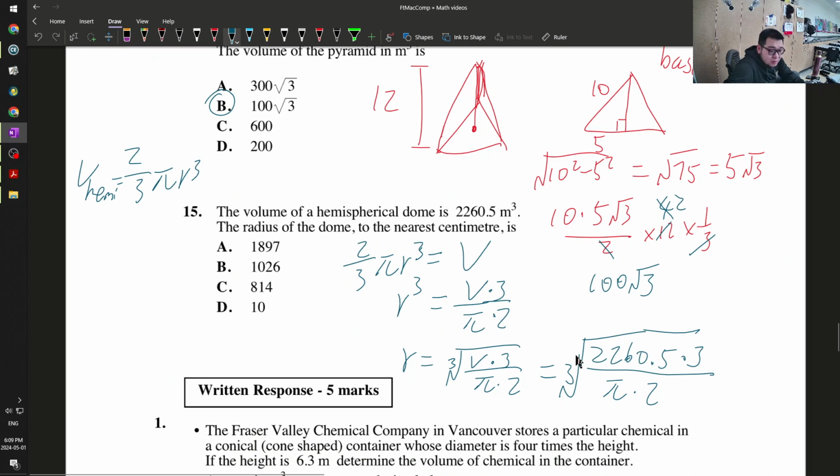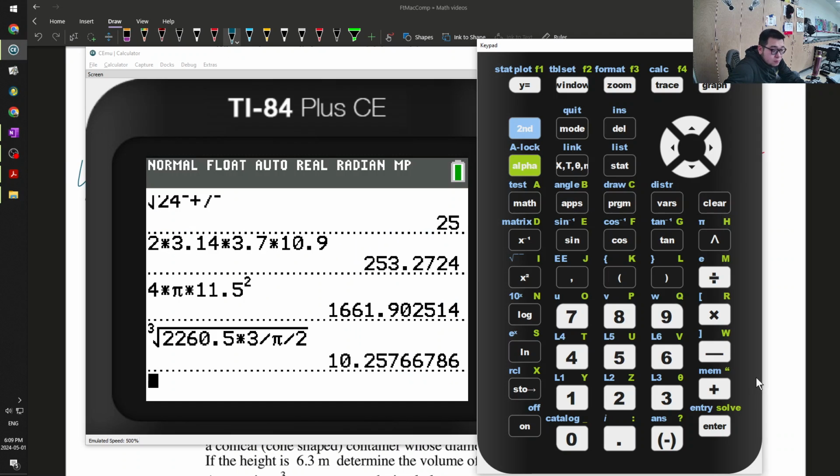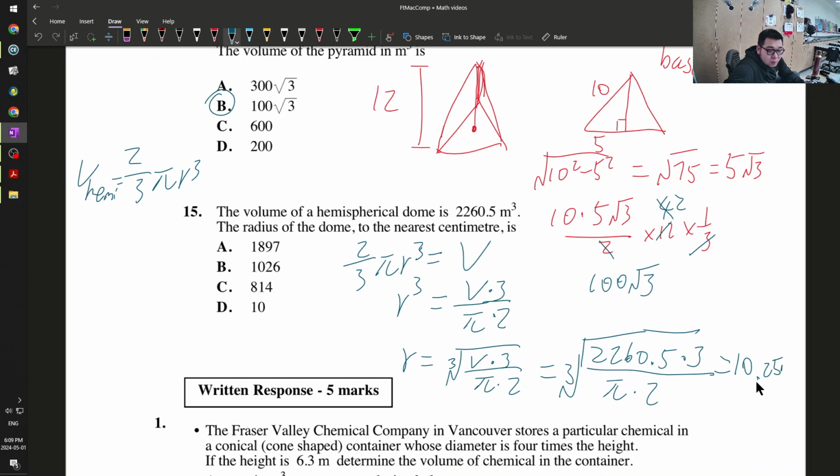Remember this is in meters, 10.257, 2.258 meters. They want it to the nearest centimeter, so I have to multiply by 100, 1026 centimeters. 15 is B.